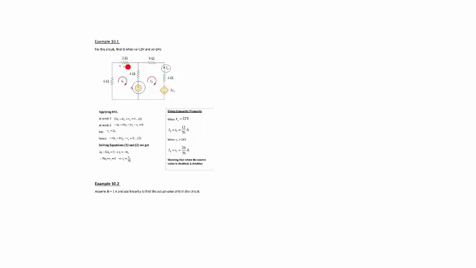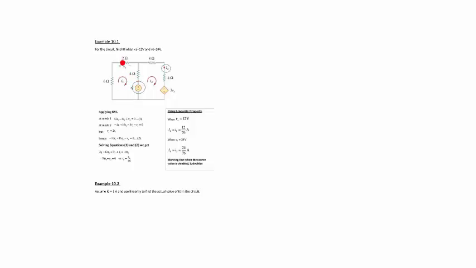Now, looking at this circuit, the first thing you have to do is find a general equation. A general equation will help us find a variable, in this case Vs, so that whatever value we substitute, we will be able to get our answer. The method we can use is mesh analysis.